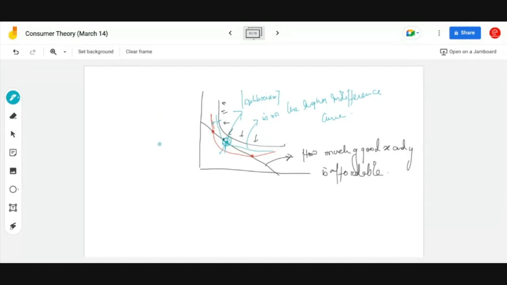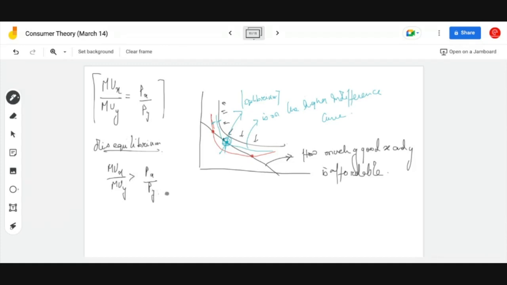Now, let's say that we are at a disequilibrium. We know that the equilibrium condition is MUX upon MUY is equal to PX upon PY. Let's say that MUX upon MUY is greater than PX upon PY. So this implies that MUX upon PX is greater than MUY upon PY.